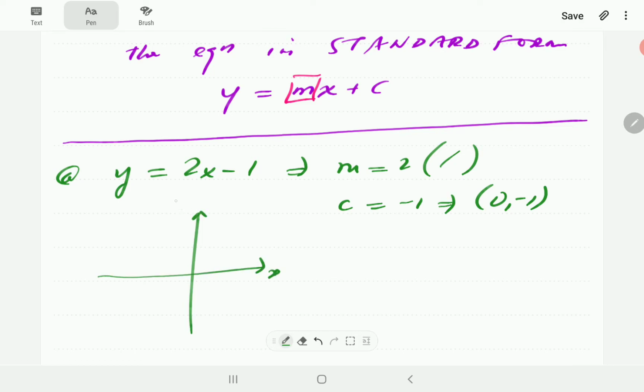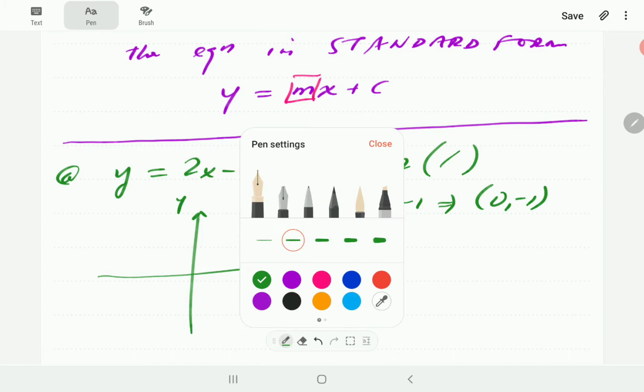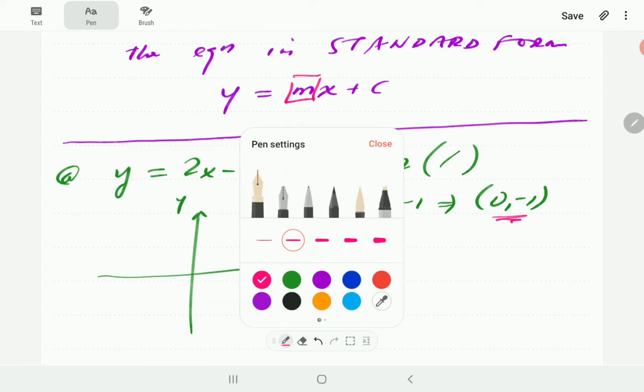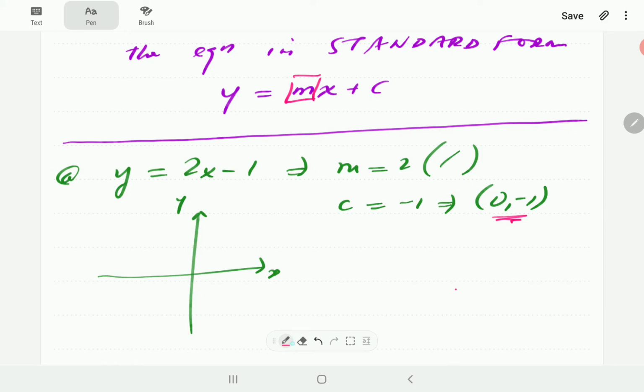Then in part 2, we need to make a sketch of the straight line. In making the sketch, the first thing we need to do is always to locate the y-intercept. In this case, it is (0, -1). So that means this line crosses the vertical axis somewhere below the origin.